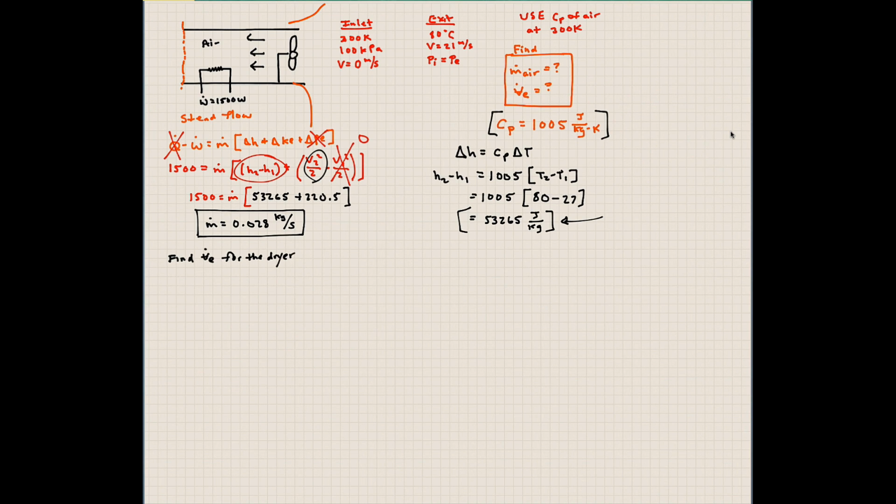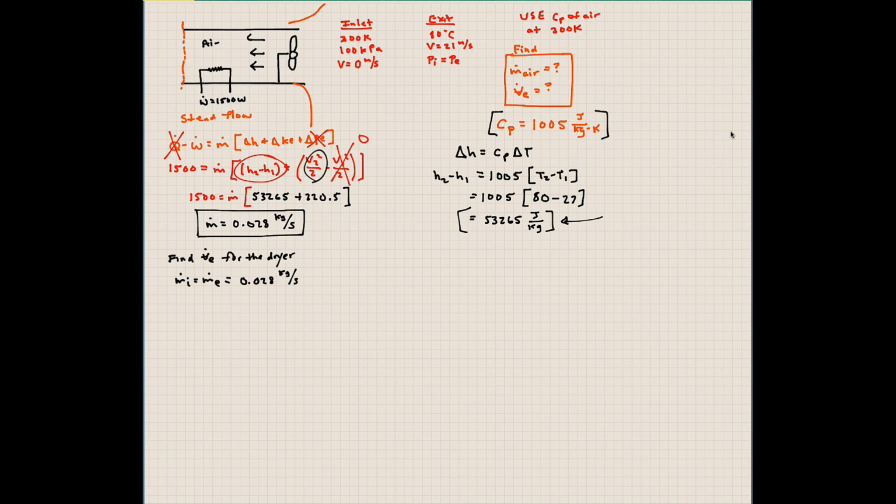Remember, we know that the mass flow rate in is equal to the mass flow rate out, because we don't have any other inlets or exits. So we just solved that this number comes out to be 0.028 kilograms per second.